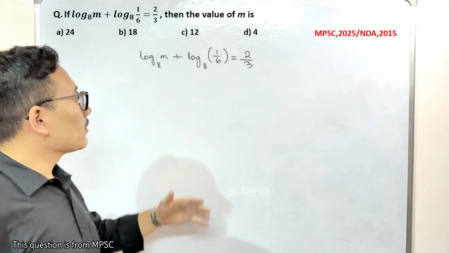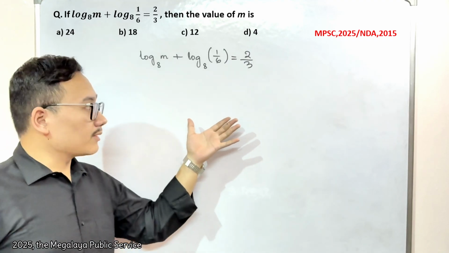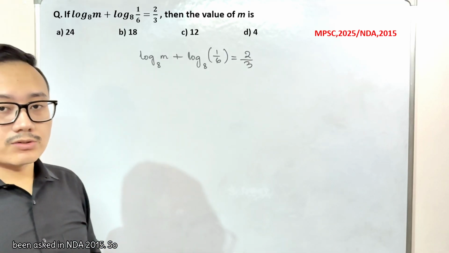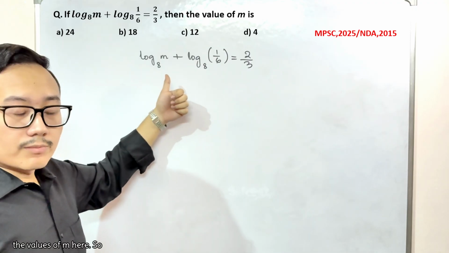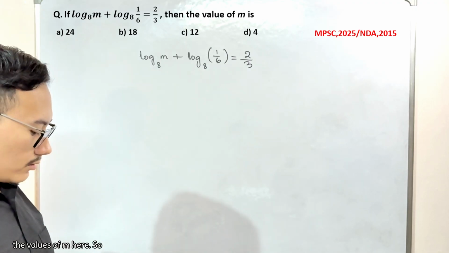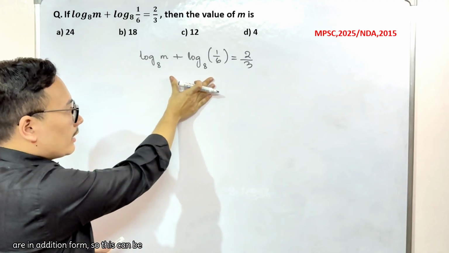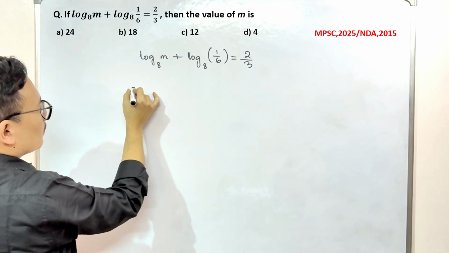Now, this question is from MPSC 2025, the Meghalaya Public Service Commission, and this question has also been asked in NDA 2015. Here in this question, we have to find the value of m. The two logs are in addition form, so this can be reduced to the product form.